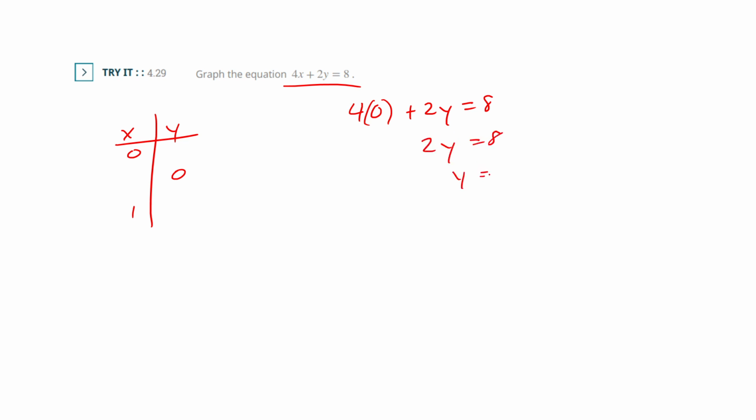So y is going to be 4, dividing both sides by 2. Okay, let's find the x-intercept, which is when y is 0. Divide both sides by 4. Get x is 2.